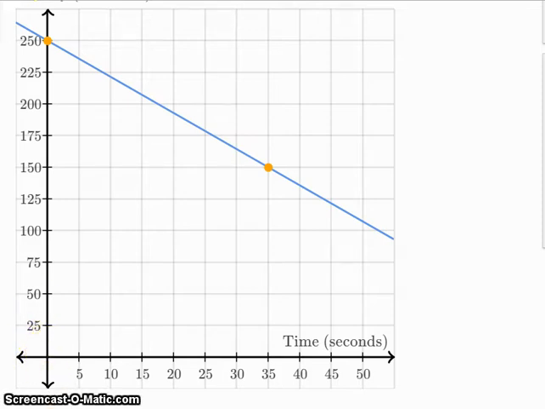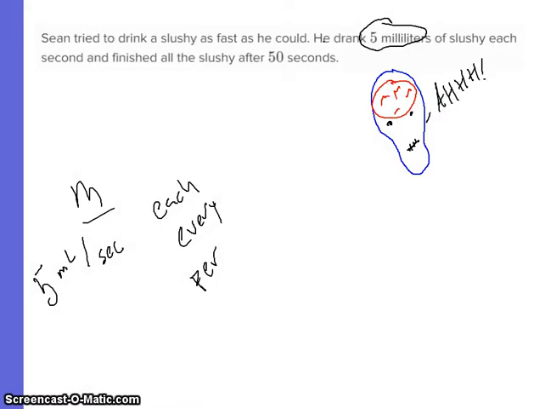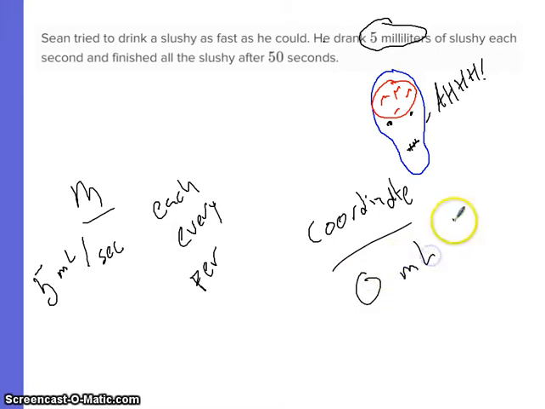Okay, so the coordinate that I have is, here's the coordinate. The amount of slushie is 0 slushie. Okay, so I go to 0 slushie, and then what is that in time? 0 slushie when?